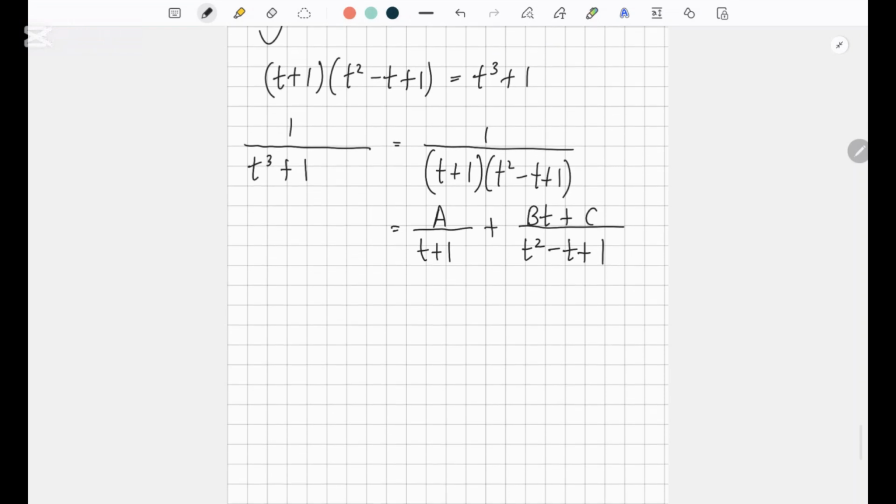Okay, now if you multiply every single term by t to the power 3 plus 1, you have 1 equals to A into t squared minus t plus 1 plus Bt plus C into t plus 1.